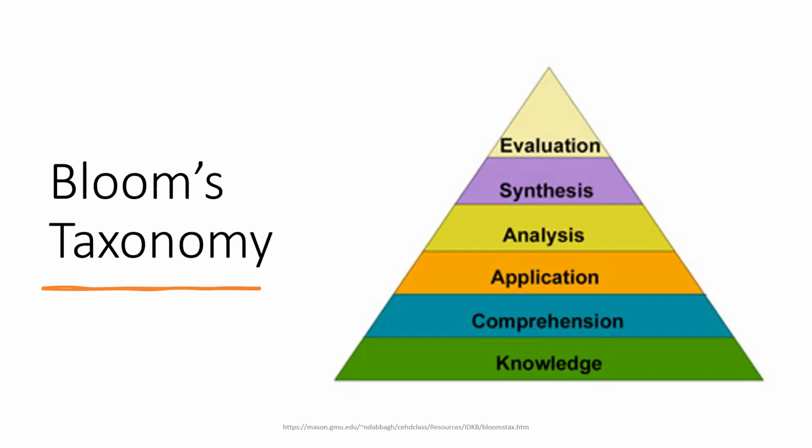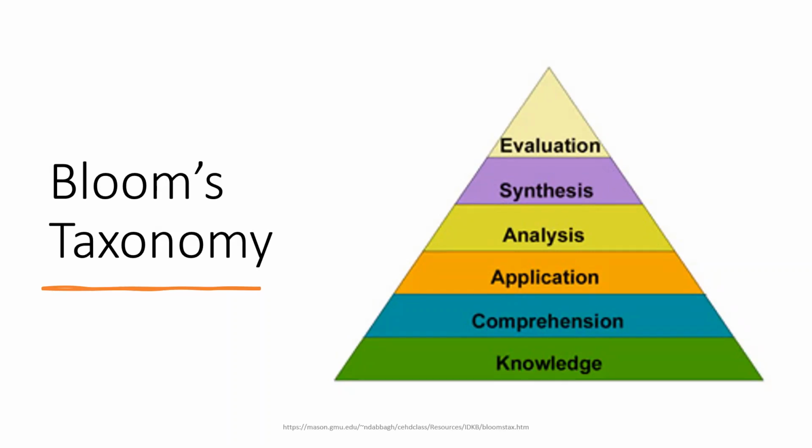The levels of Bloom's taxonomy are often represented as a pyramid, like you see here, with knowledge at the base and evaluation at the top. And it's used as a guide to instructional design and assessment. It aims to promote higher order thinking skills and deeper understanding.